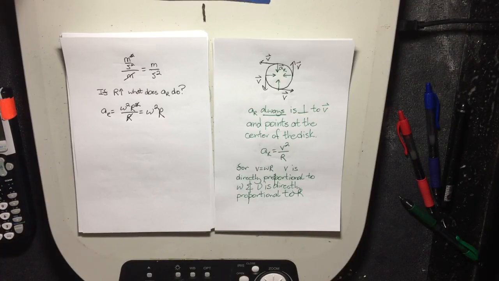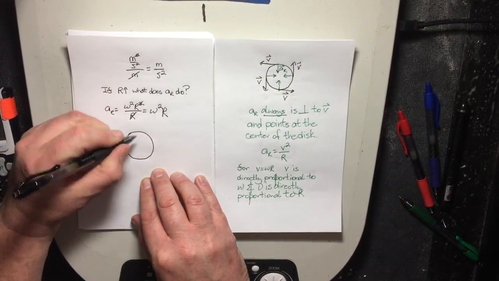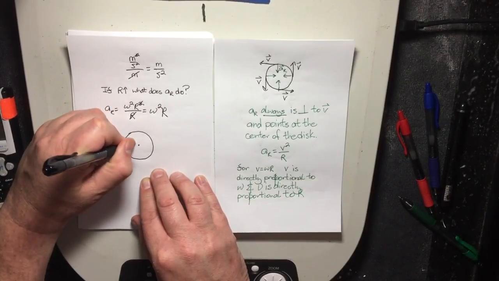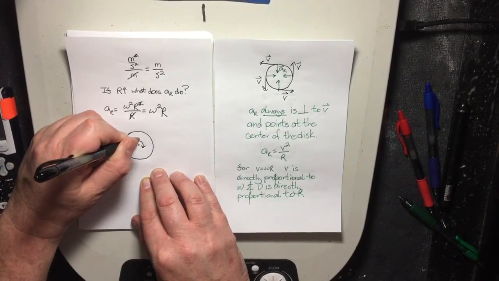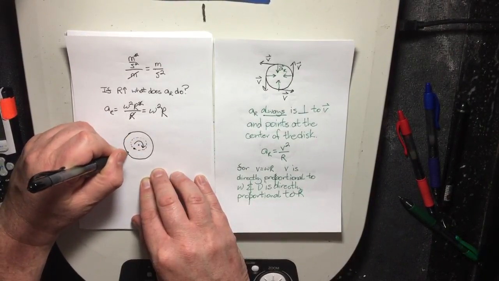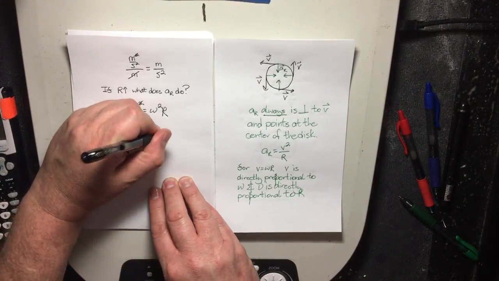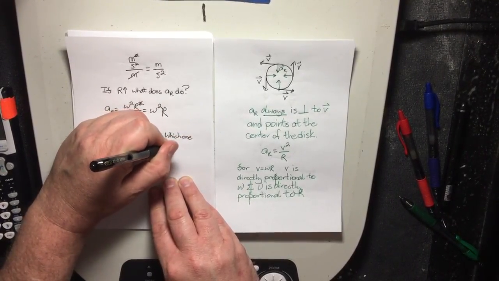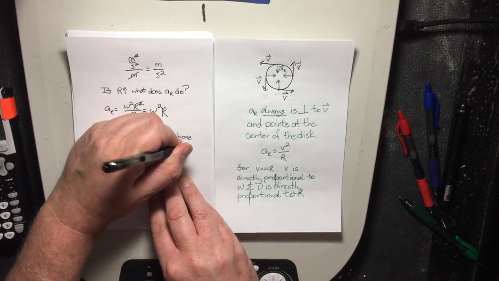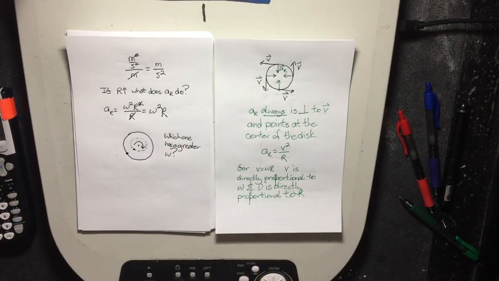Omega squared, here's an interesting question. This thing is rotating. You have a point out there that's going around in that circle, and a point at the edge that's going around in the circle. Which one has the greater omega? Which one has the greater angular velocity? The one on the outside?